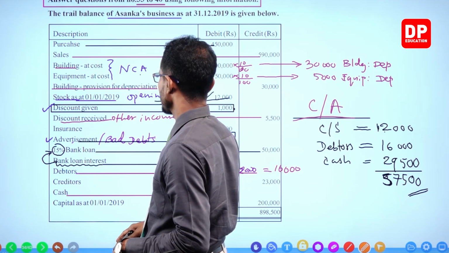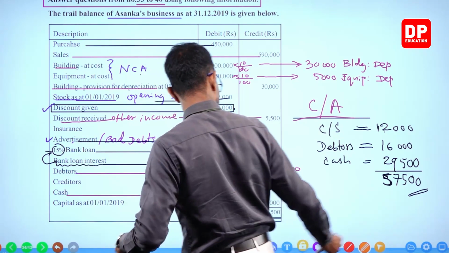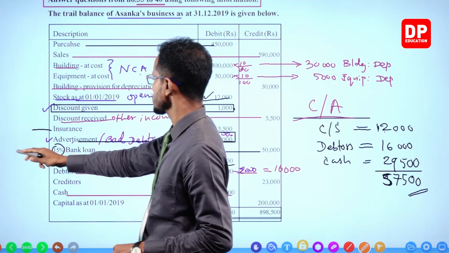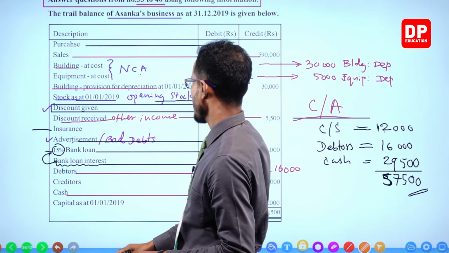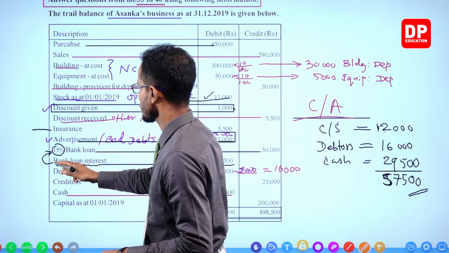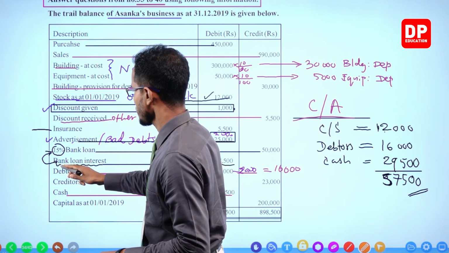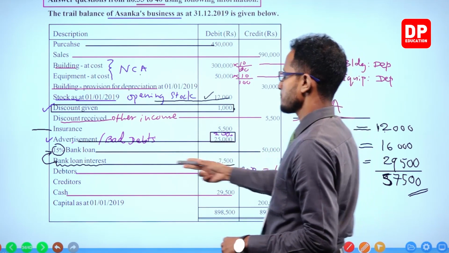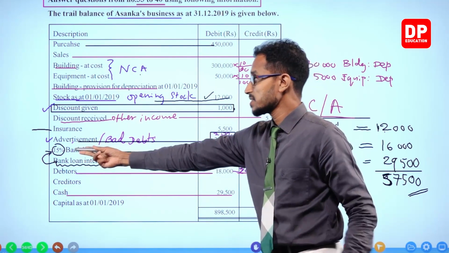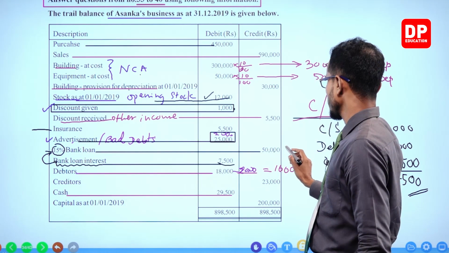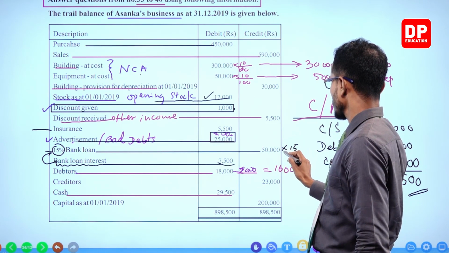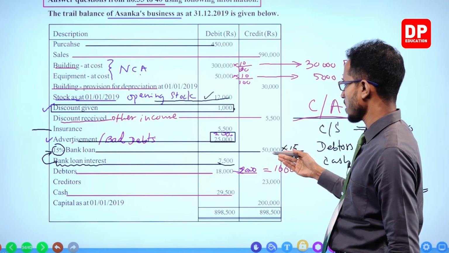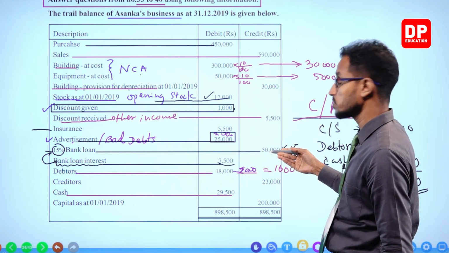We only have to take insurance and bank loan interest. Have to calculate the bank loan interest, okay? How to calculate the bank loan interest? Take the 15%, the interest rate, out of 50,000 bank loan.